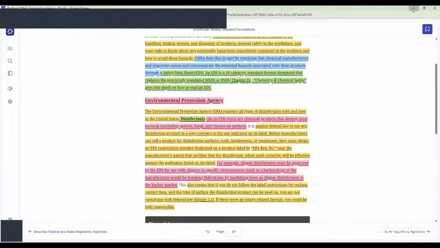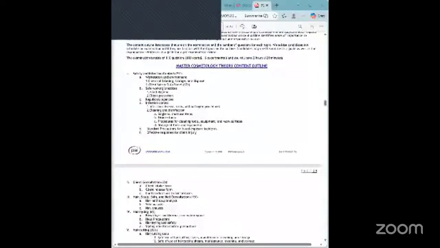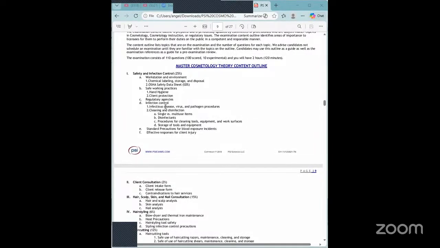As we look here, I need to make sure I give you guys that email of this PSI bulletin. Workstation and environment, chemical labeling, storage and disposal. We've only talked about OSHA and the SDS sheet, so we got that squared away.